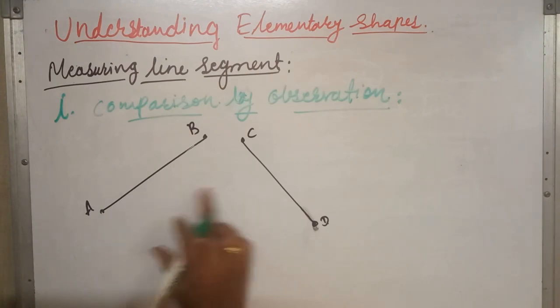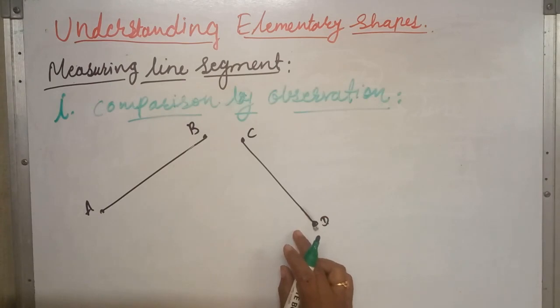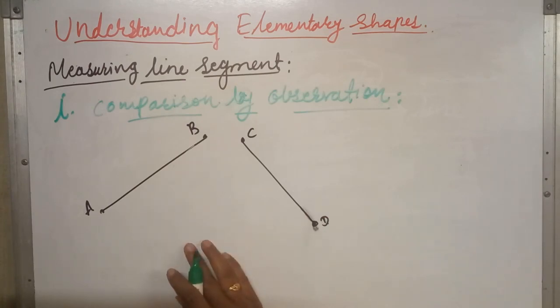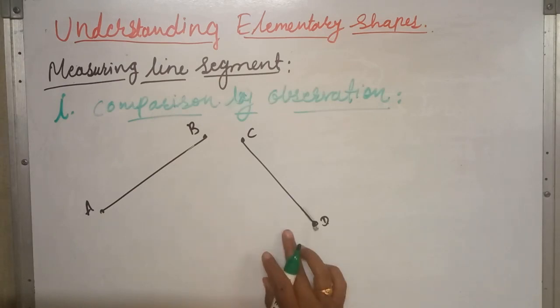To compare this, we have to find the difference between them. AB and CD look the same, but the difference is not obvious.